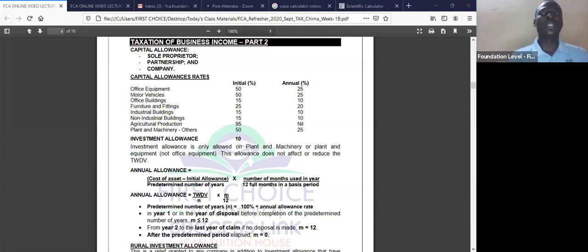Now, it means that if assessable profits is looking at the preceding year basis, capital allowance is also looking at the same thing, preceding year basis. In the last class, we talked about abnormal basis period, and this abnormal basis period is still causing a problem in capital allowance.